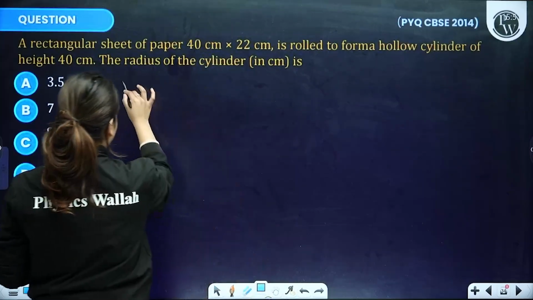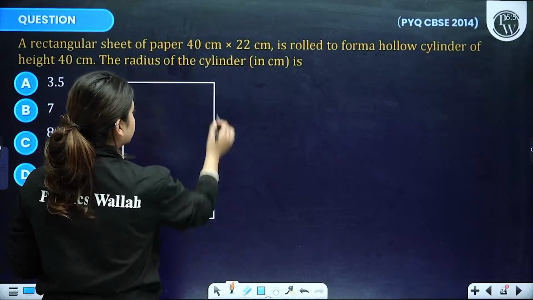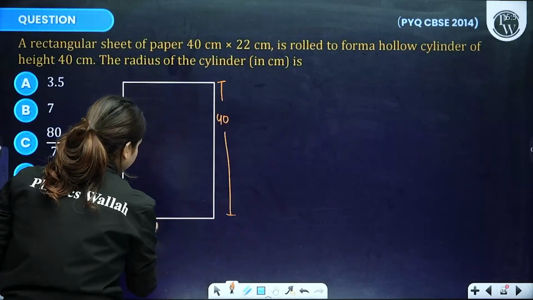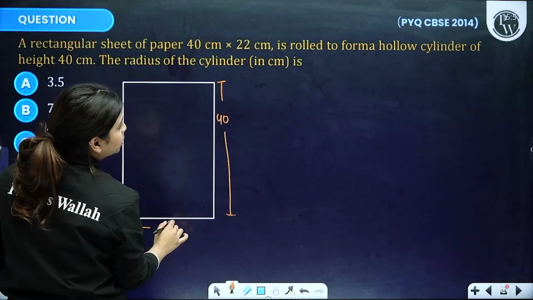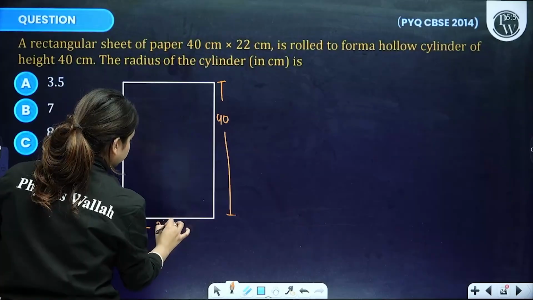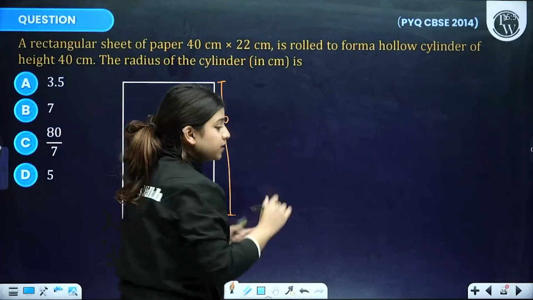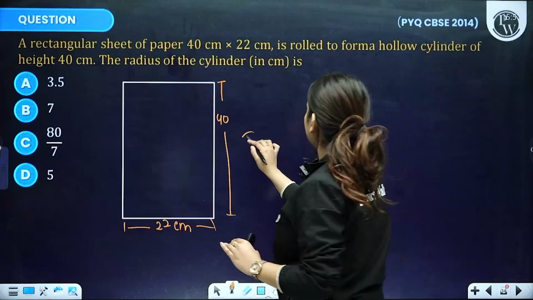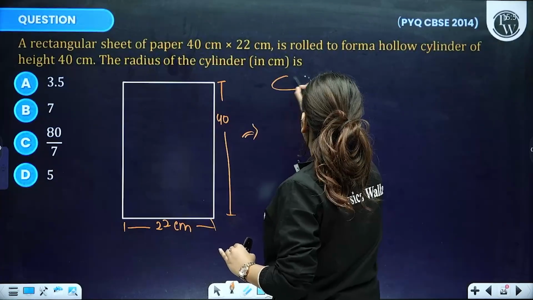The sheet is something like this. So the height is 40, and the breadth is given to you as 22 centimeter. So this sheet of paper is rolled to form a cylinder like this.